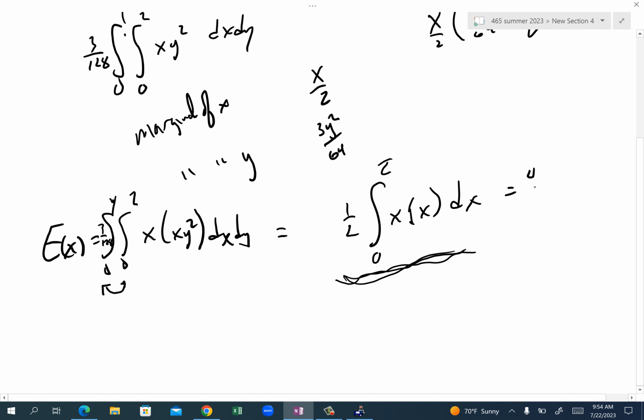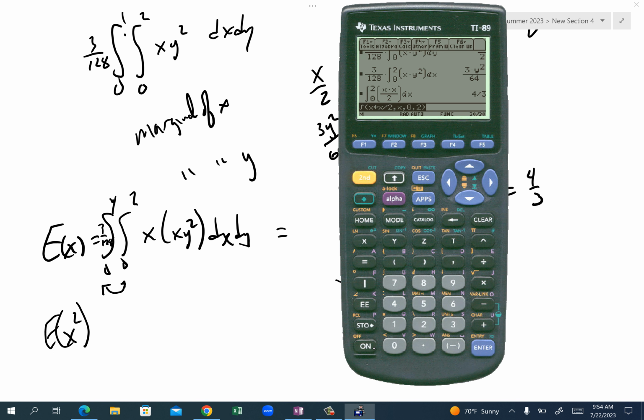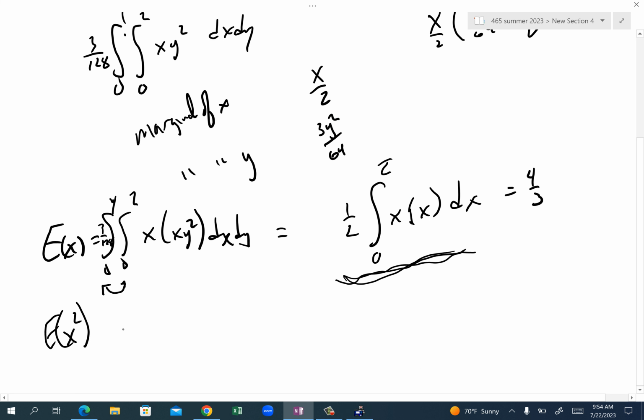And if you wanted the expected value of x squared, again it's the same thing, just make that x squared. And in here, you just change that x to an x squared. That's why I don't try to do it all in my head, because I typically want x and x squared. So it's 2.